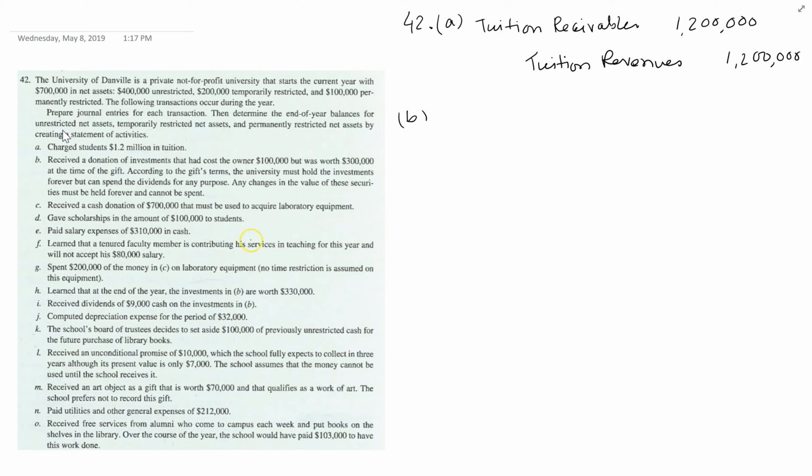Any change in the value of this security must be held forever and cannot be spent. That means they received a donation, which could be some sort of physical assets or investment, but the donor's condition is that that investment must be held forever. That means that will be a part of their permanently restricted net assets.